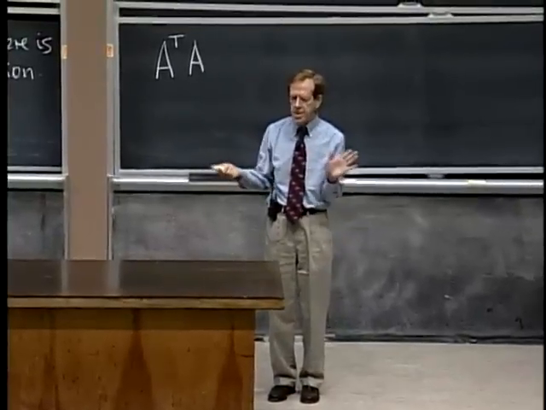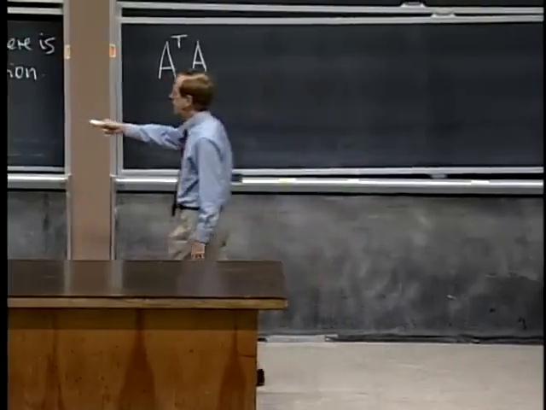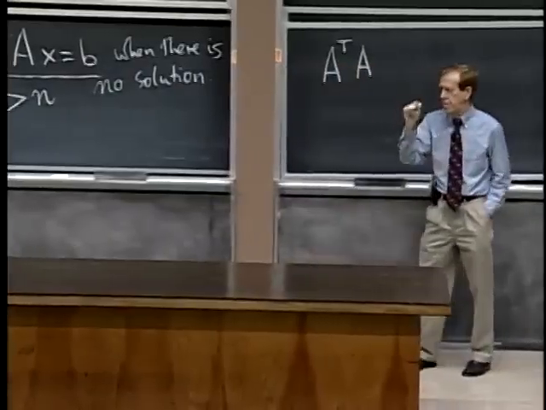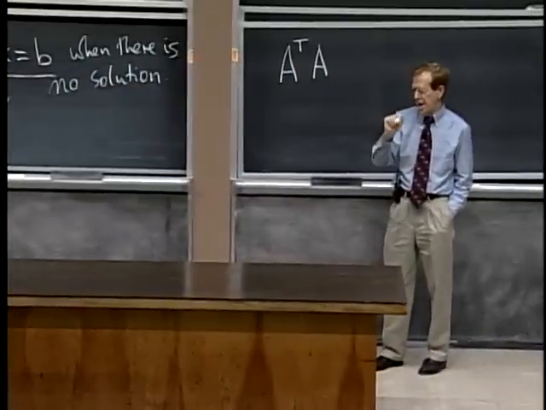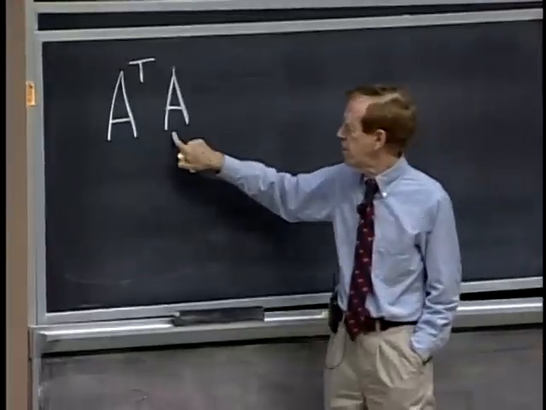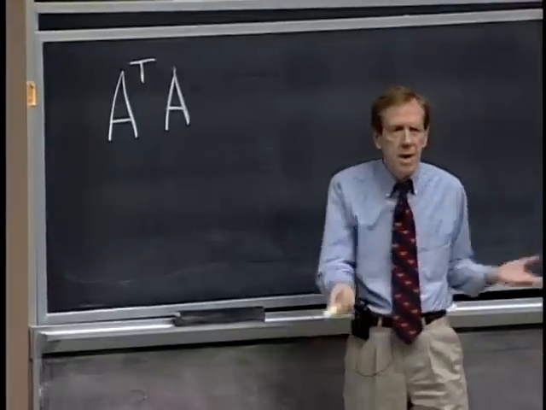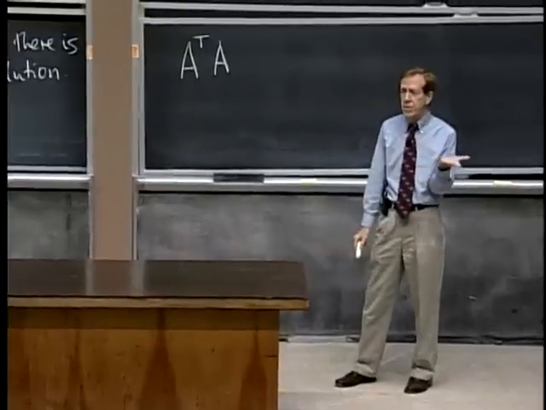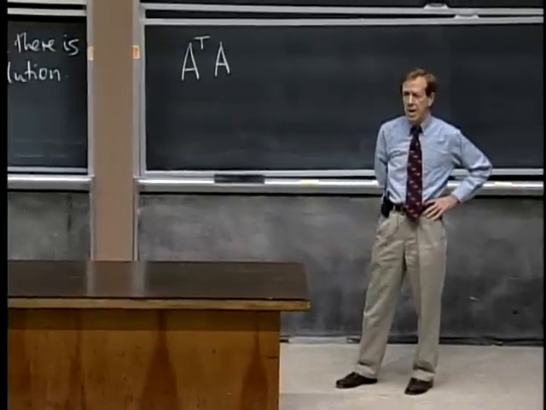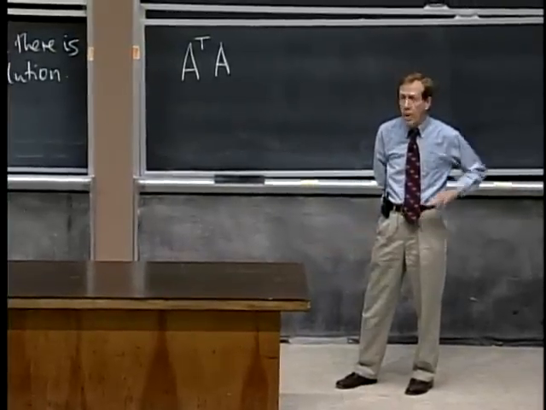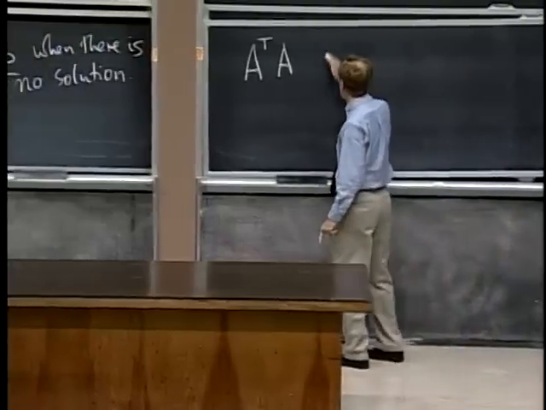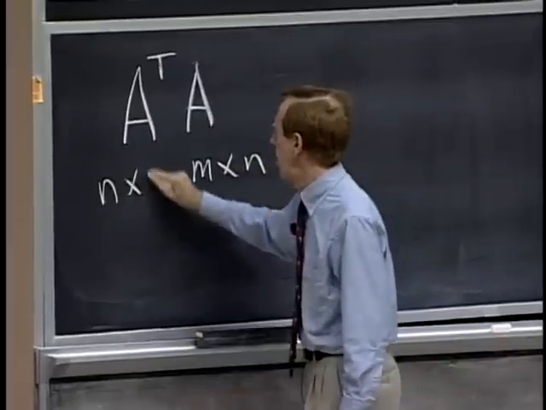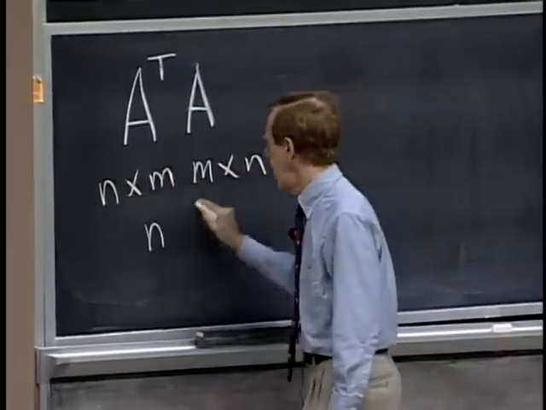So A is this m by n matrix, rectangular. But now I'm saying that the good matrix that shows up in the end is A transpose A. Tell me, what's the first thing you know about A transpose A? It's square, right? Square, because this is m by n, and this is n by m. So the result is n by n.